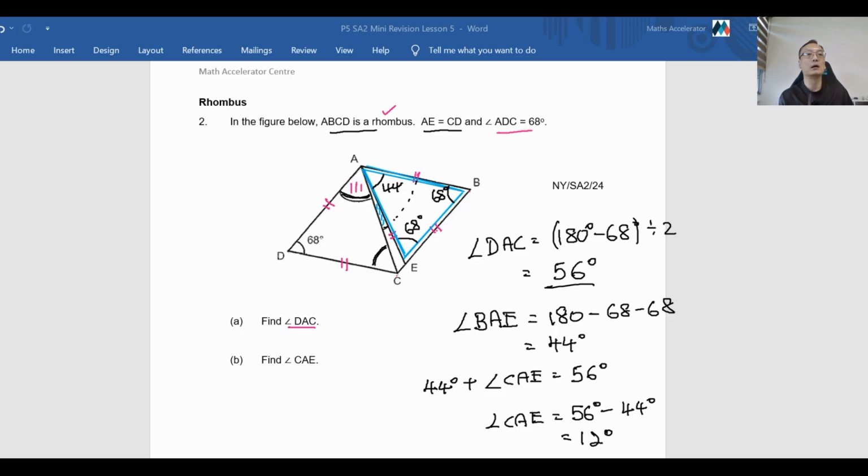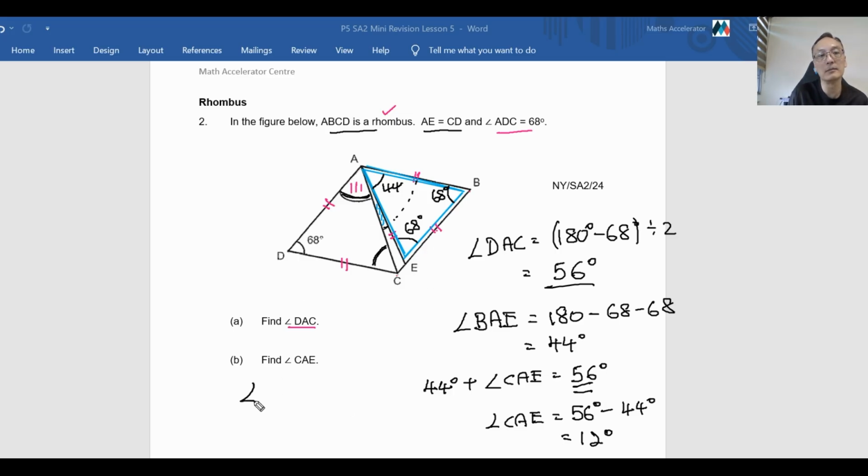So remember, we make use of the properties of rhombus to solve this question. Firstly, opposite angles are equal. Secondly, we have 4 equal sides. And once we identify these 4 equal sides, we're able to tell that we have 2 identical isosceles triangles. And we make use of this property to solve part A to find angle DAC. We continue to use this property to understand that angle BAC is also equal to 56 degrees.